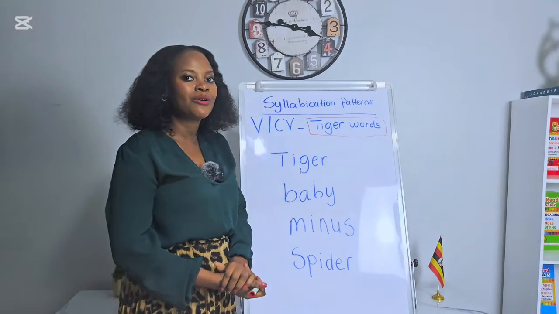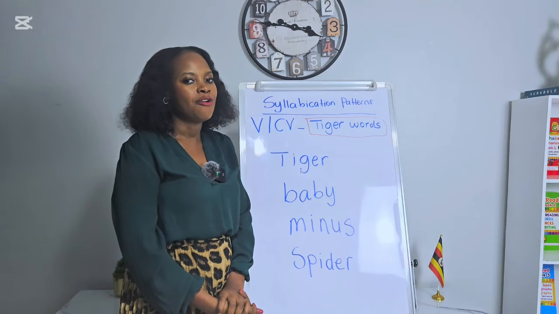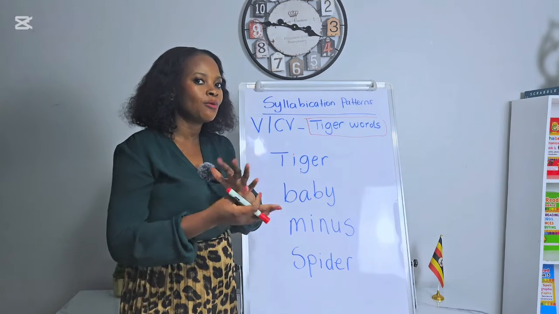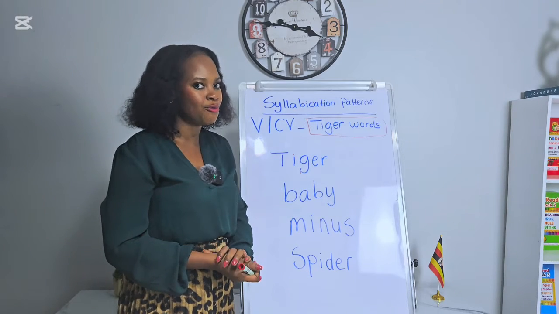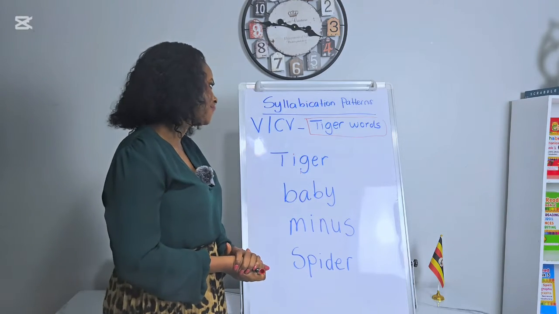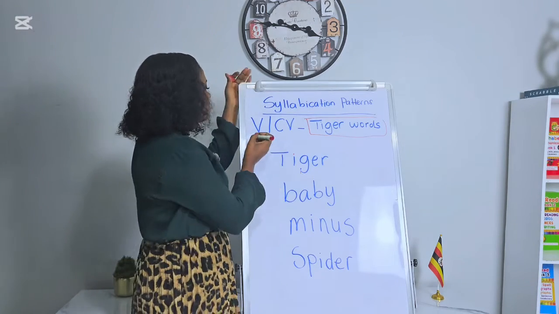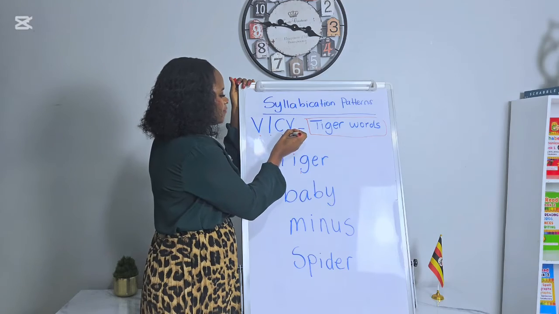In today's class, we are going to look at another syllabication pattern. Remember, we said syllabication is the process of breaking words into smaller parts so that we can easily read and write them. Today's syllabication pattern is called V split CV.